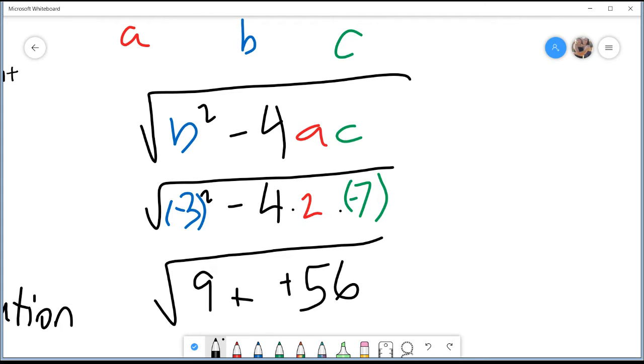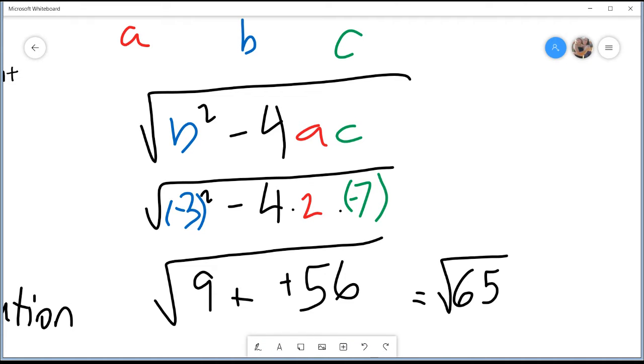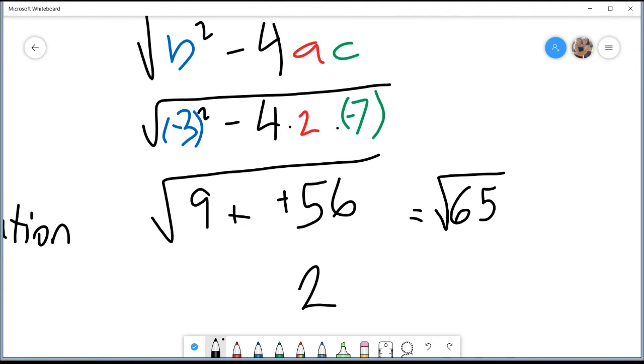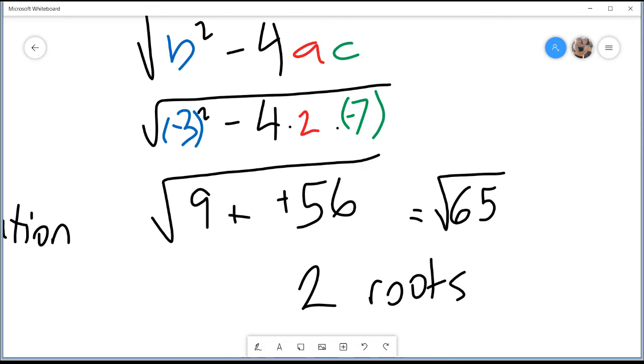That means that's 9 plus 56, or 65 inside the square root. Since the number inside the square root is positive, we have 2 roots, or 2 solutions. 65 is not a perfect square, so our solution is going to be irrational.